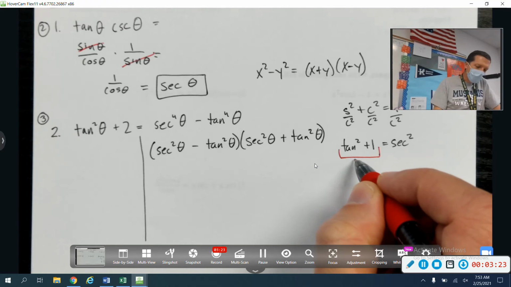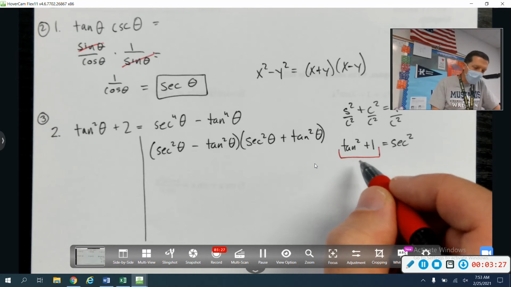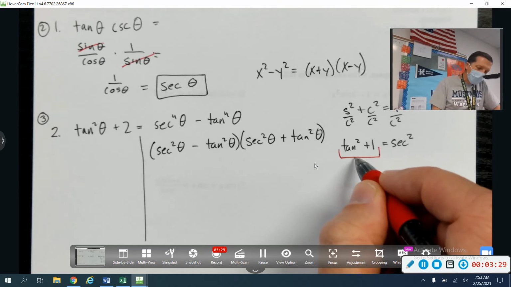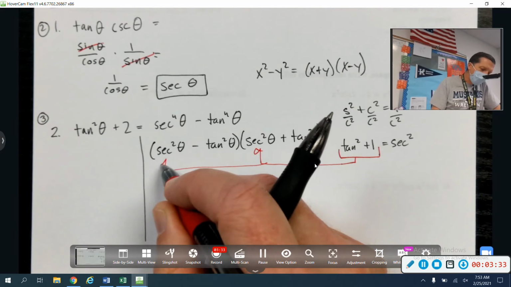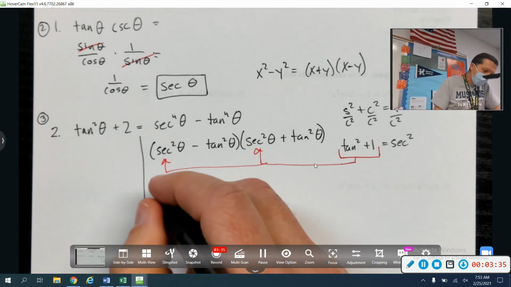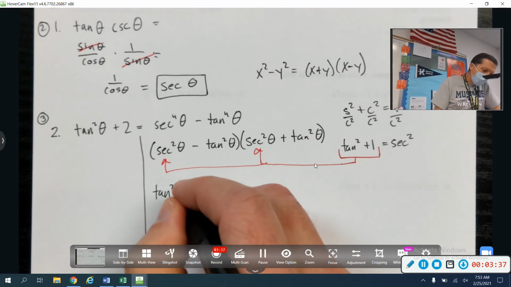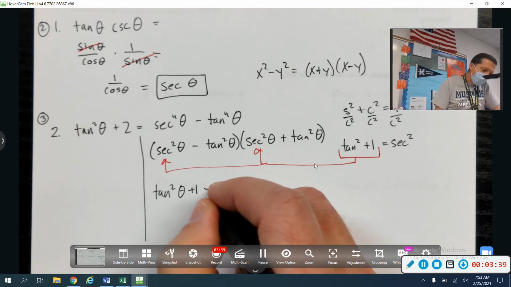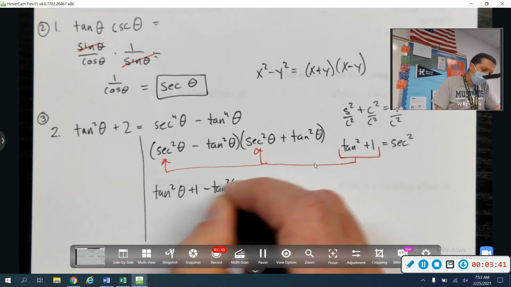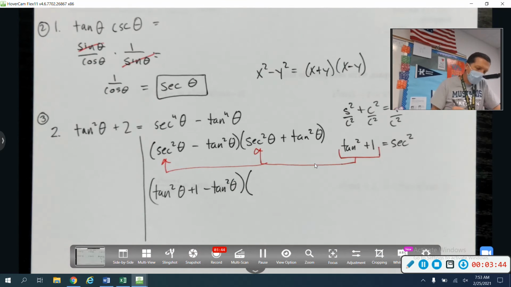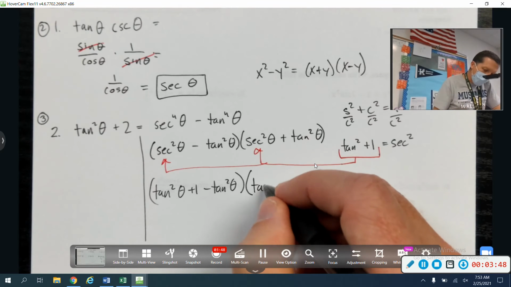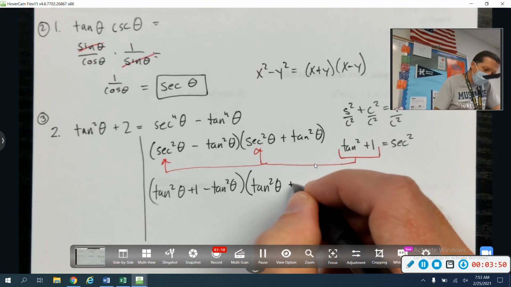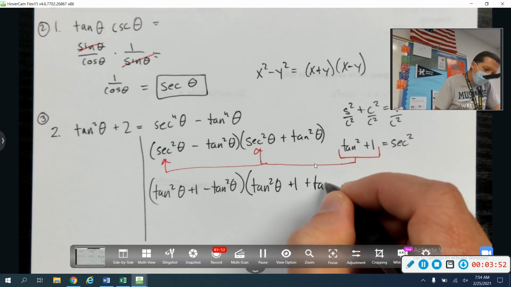Uh-oh, did I do this wrong? I think I did. I think I wrote this down wrong. Anyway, in place of secant squared goes tangent squared plus 1. So tangent squared plus 1 minus tangent squared times tangent squared plus 1 plus tangent squared.